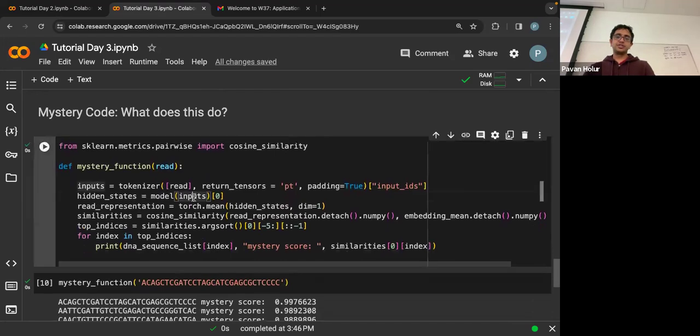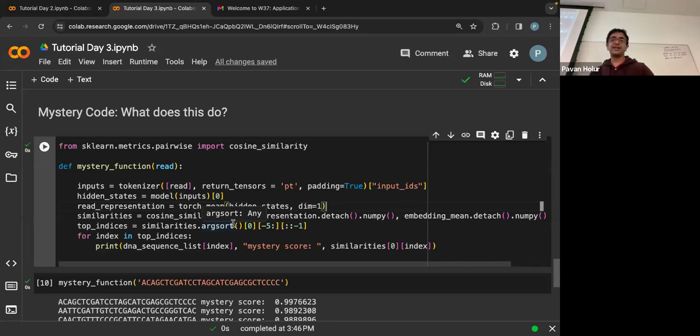Now the mystery function takes in a read, and we get the output. We generate the read representation, which it turns out is a single read, so this mean actually does nothing. The cosine similarity part computes the cosine similarity between the embeddings of the read compared to every single fragment among the 50.